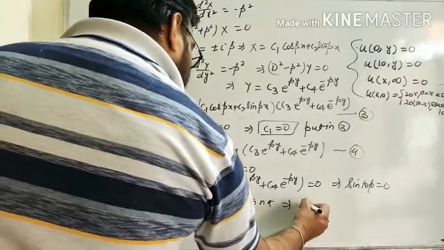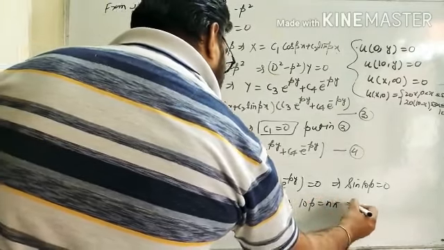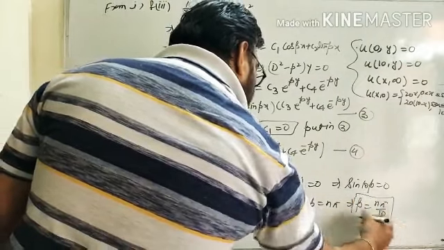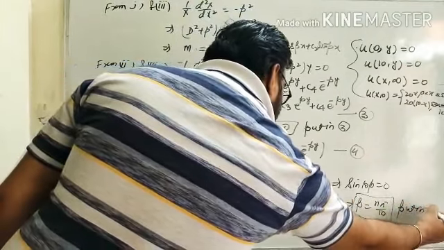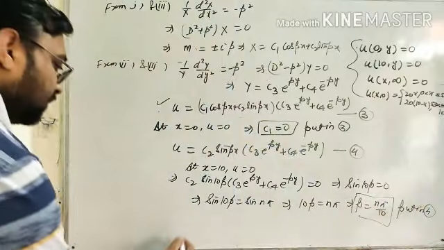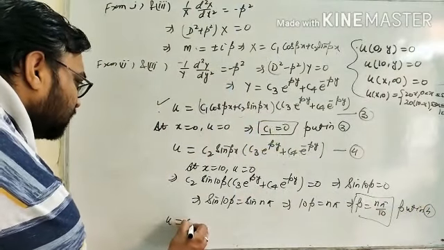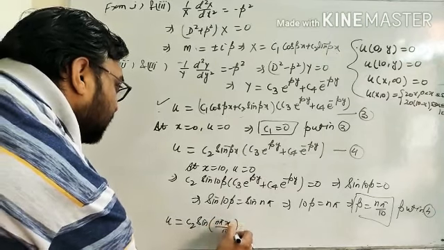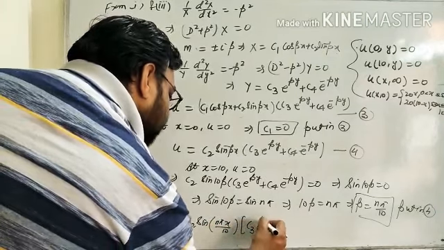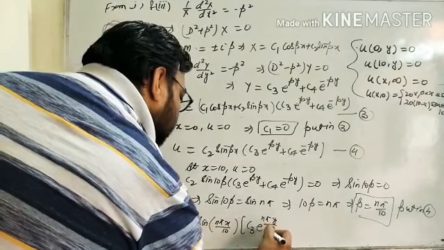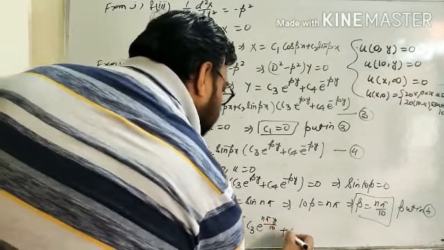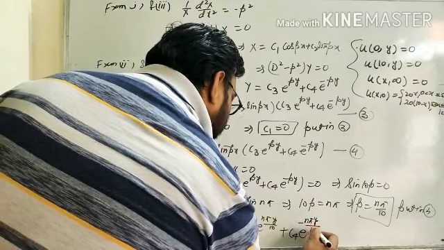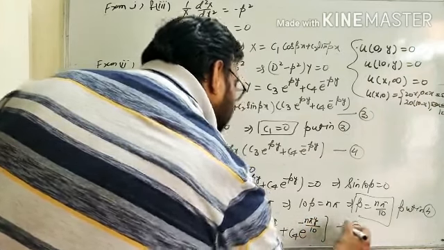So from here 10p is equal to n pi, or we can say p equals n pi by 10. So put in 4. What do we get? u is equal to C2 sin n pi x by 10 (C3 e raised to power n pi y by 10 plus C4 e raised to power minus n pi y upon 10). So this is equation number 5.